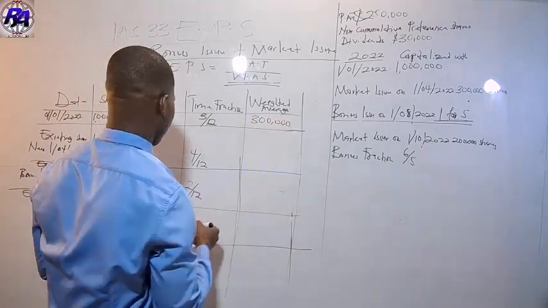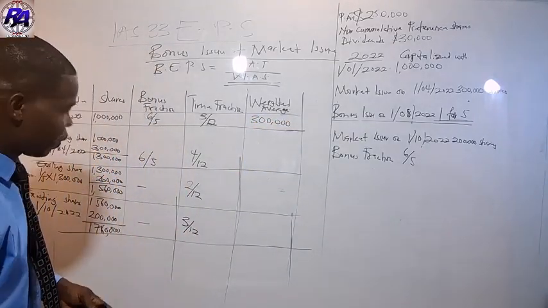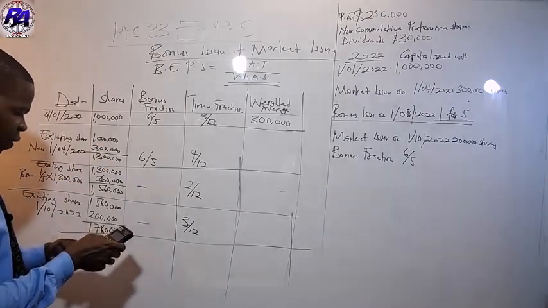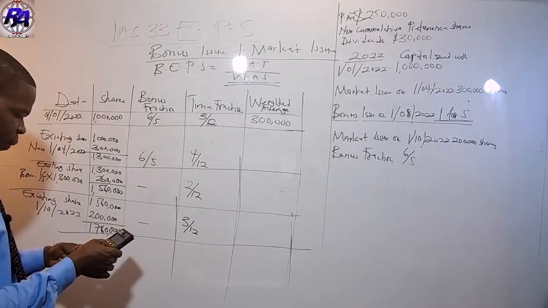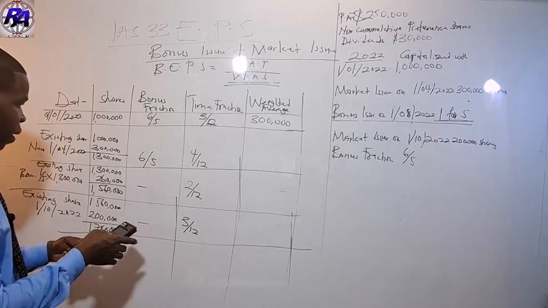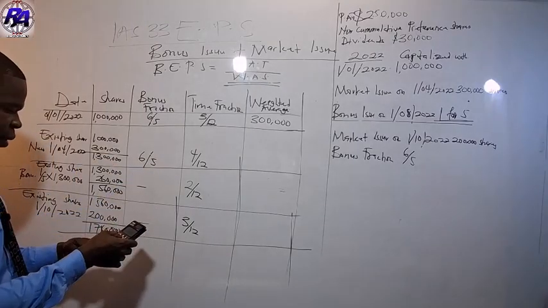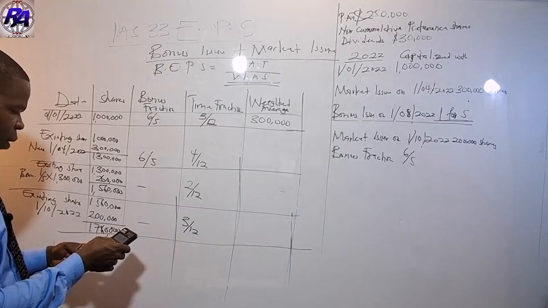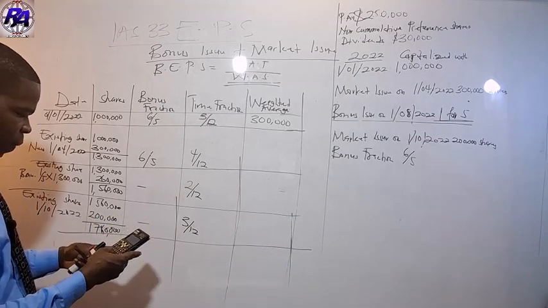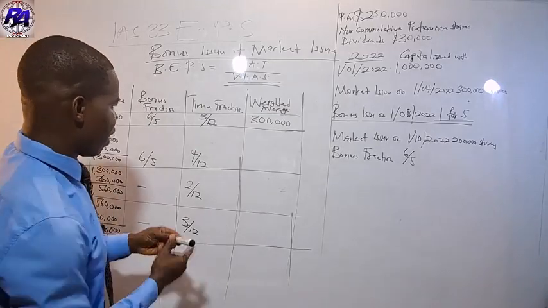Let's look at the next one. This is going to be 130,000. This one times 6 on 5. Then times 4 on 12. And that is giving us 520,000.